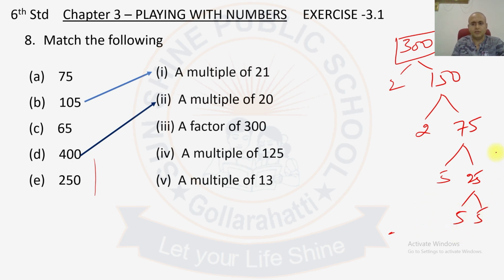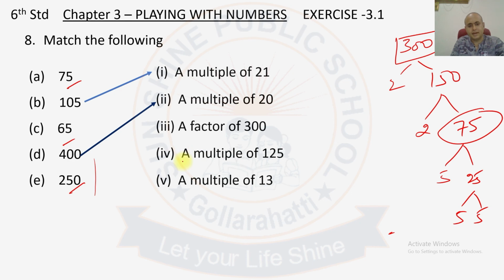By this way you have to write down the factors. The remaining are 75, 65 and 250. I got 75 here, and 65 I didn't get, and 250 I didn't find. Therefore 75 is a factor of 300.